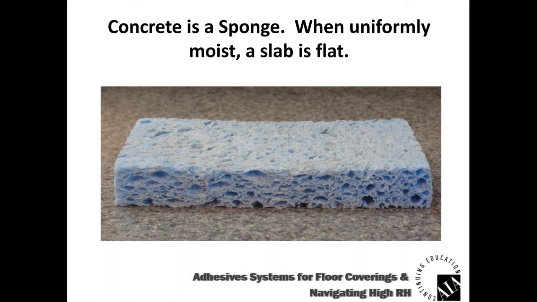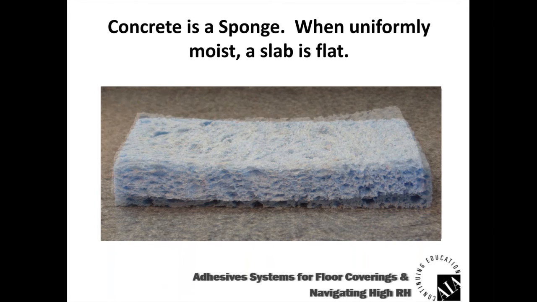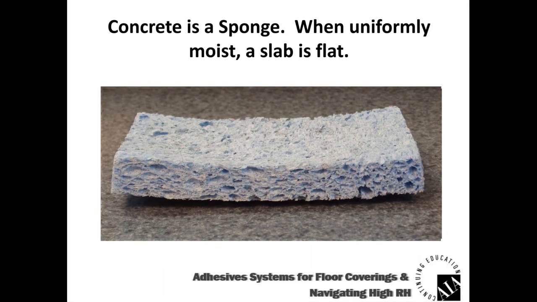We place the wet sponge on a flat surface, a vapor retarder. In this case, our sponge is on a plastic laminate countertop. The sponge can only dry up, it can't dry down.